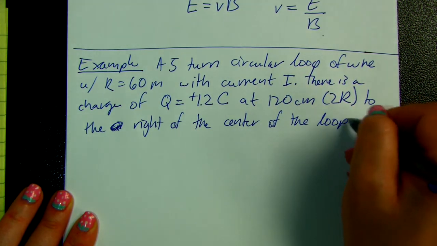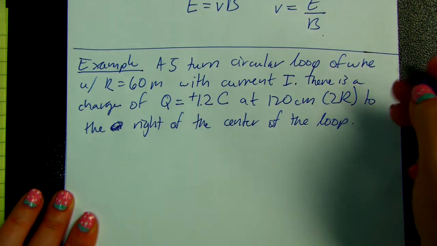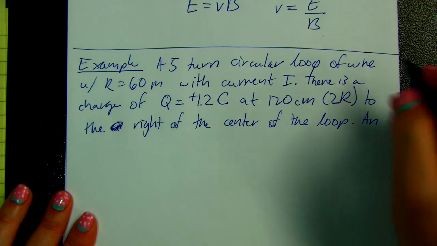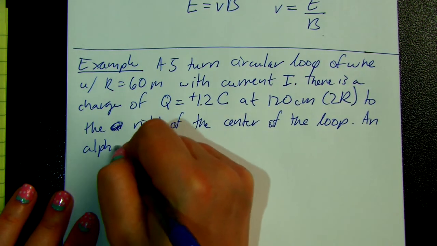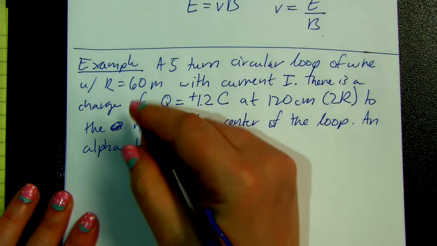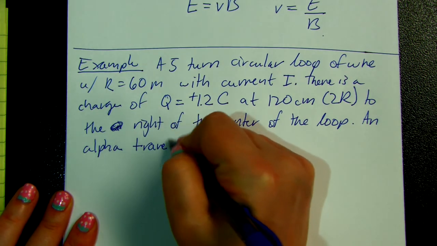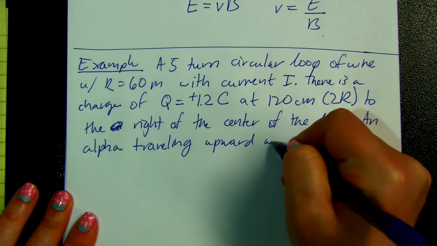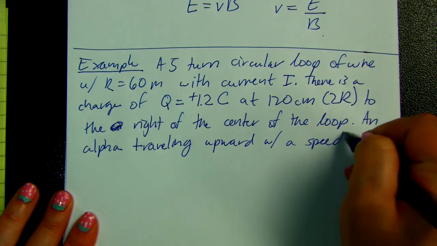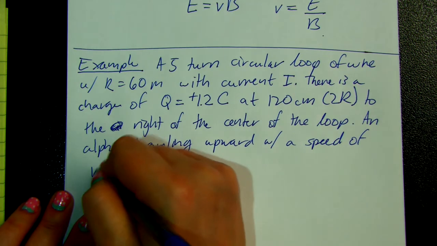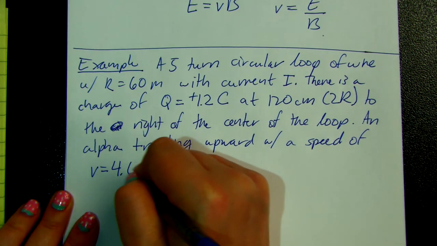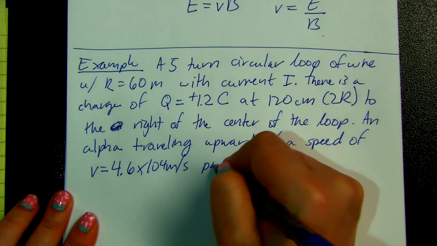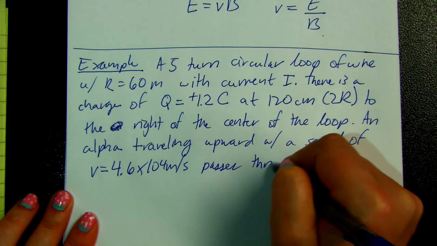I'll draw a picture of this setup too. I'm just writing the complete problem out since I know it's a little bit different than lecturing at the board. All right, so an alpha, so that would have charge 2e, positive, traveling upward with a speed of v equal to 4.6 times 10 to the 4 meters per second, passes through the center.